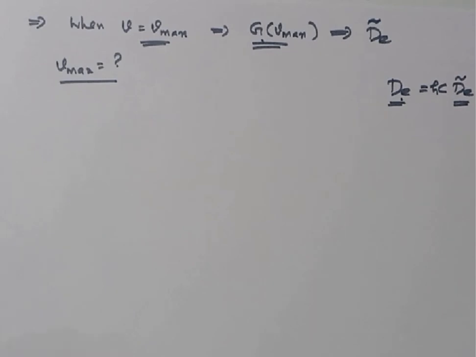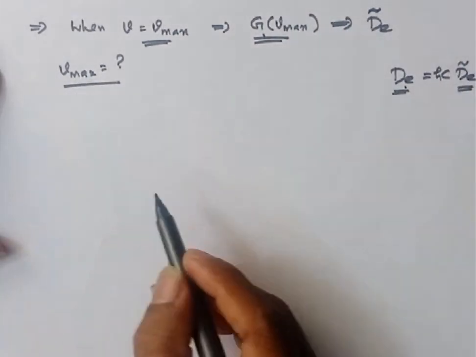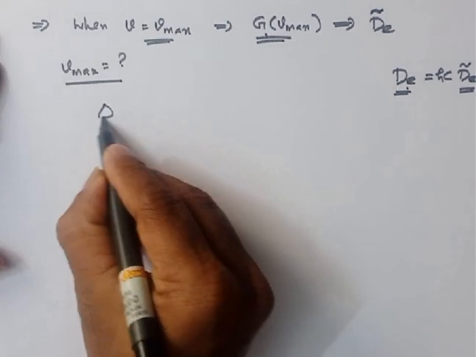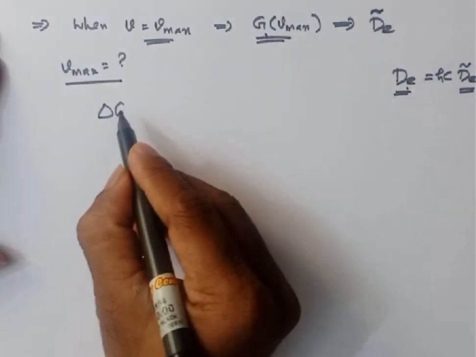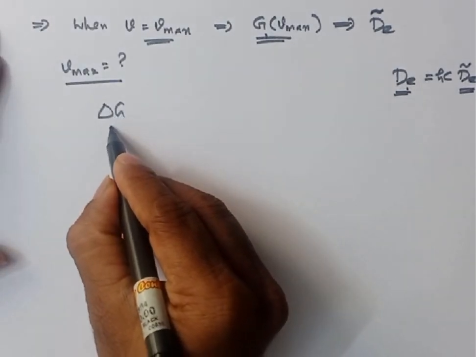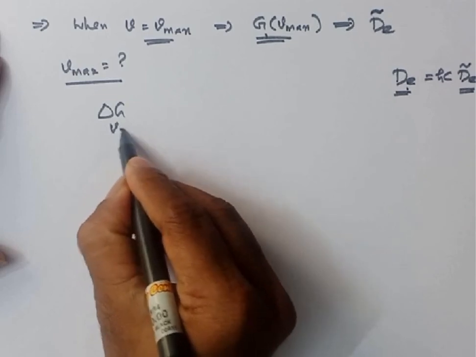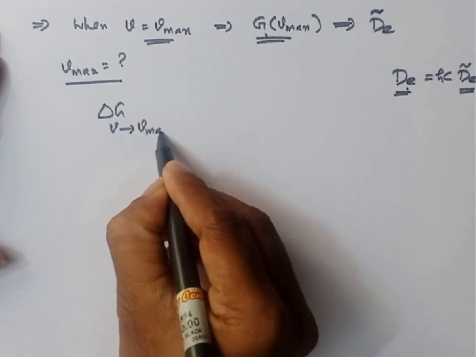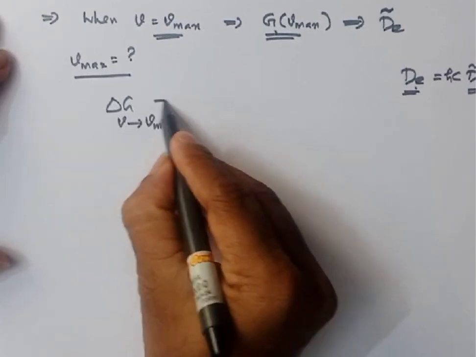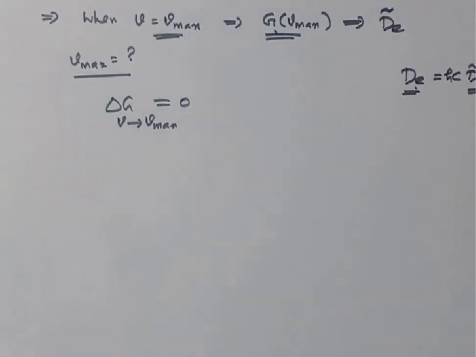How? To find Vmax, it is very easy. If V approaches Vmax, delta G becomes 0. Am I right, students?